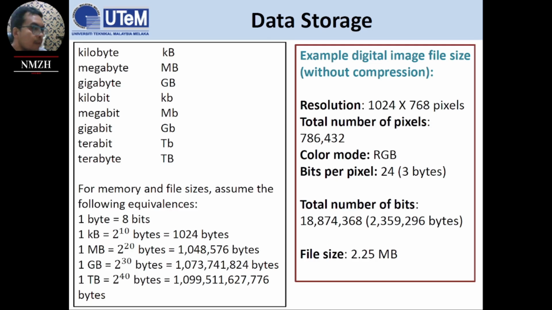Okay, about the total pixels: the total pixel count is the height times the width. 1024 times 768 pixels, so we have 786,432 pixels. Okay, so this is one pixel, tiny.